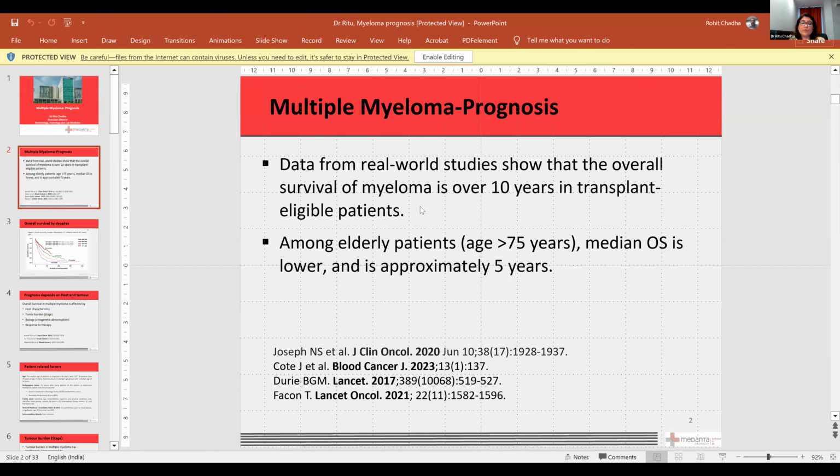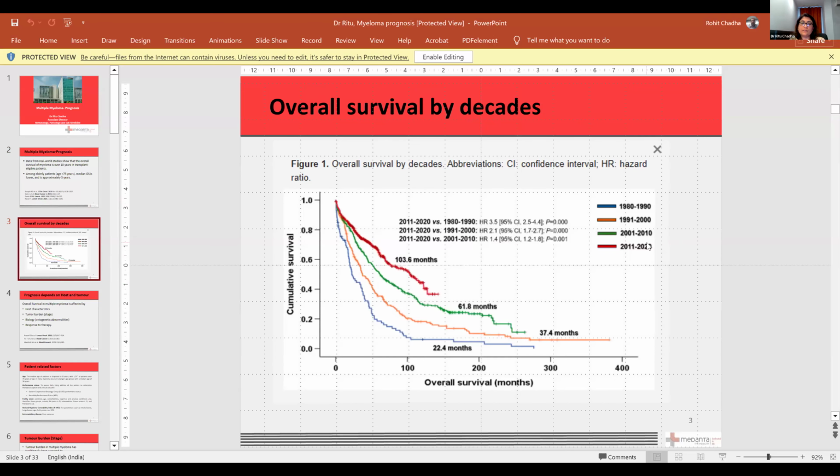So myeloma is a heterogeneous disease, and nowadays the prognosis has come to more than 10 years as compared to the previous decades. So this is an overall survival curve where in the 1980s the prognosis used to be only 22 months. With the progress in the treatment, now the prognosis is almost 8 to 10 years.